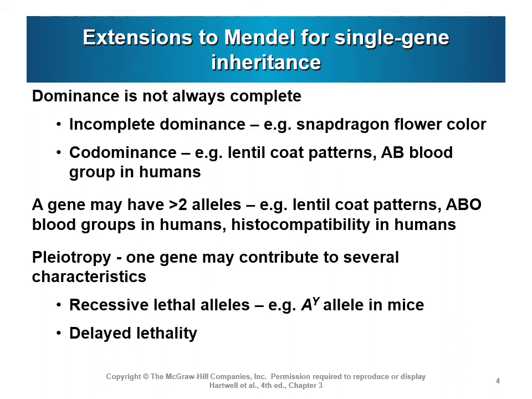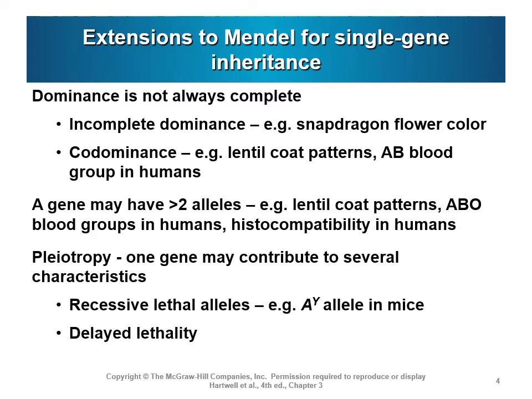A gene may have more than two alleles, which is also true for lentil coat patterns, ABO blood groups in humans, and histocompatibility. Genes may be pleiotropic, meaning that one gene may contribute to several characteristics.